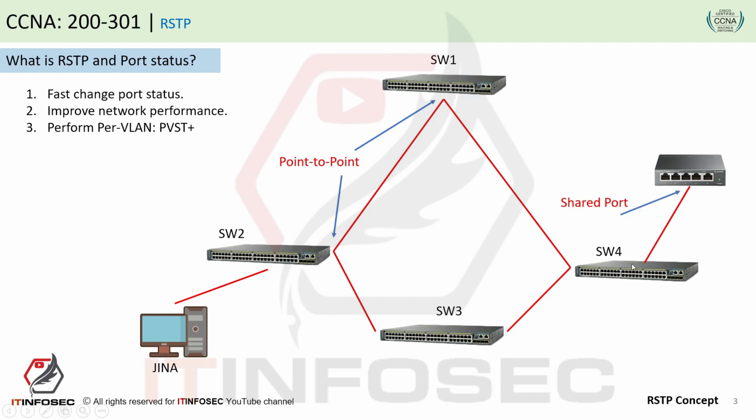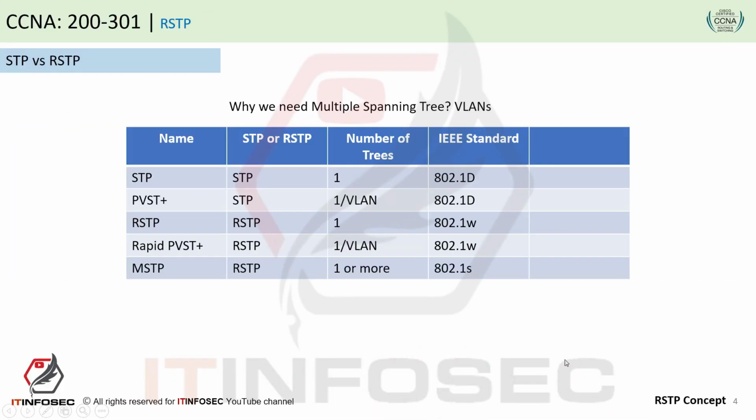And if we have a connection from SW4 to another device, the hub switch, it's known as a shared port. And if we have connected the computer to the switch, it's known as a point-to-point edge port, because it is the end of the network, it is the edge, and the network will not continue after this.